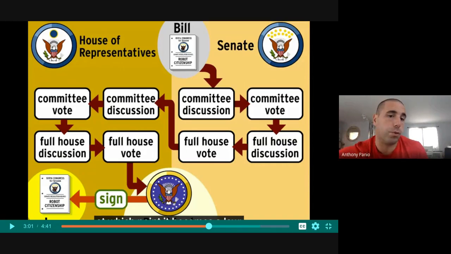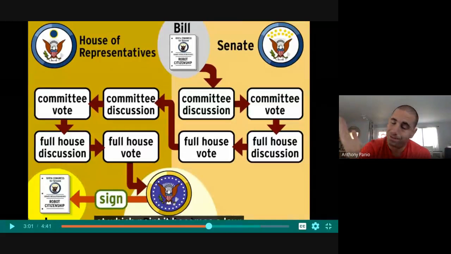They get 240 votes. That would be enough to get it through the House of Representatives. Okay, perfect. Now we're going to send that bill over to the Senate. And I just want to say one thing. If the House of Representatives gets it and they deny the bill, that's it. It doesn't become a law. But it does pass the House.